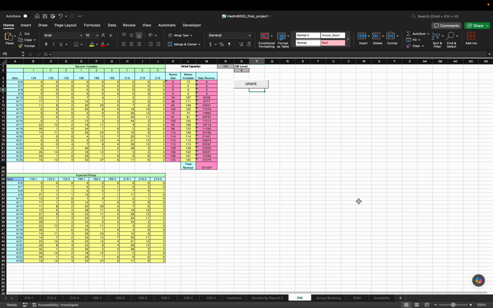In pink is the summary: transient rooms sold, total rooms sold, remaining availability, and daily revenue. When I click update, a VBA macro sends this to Solver, which maximizes total revenue subject to the 191 rooms capacity and overbooking limit.